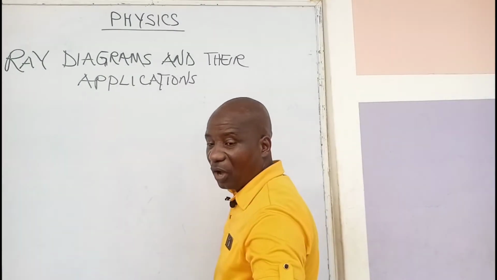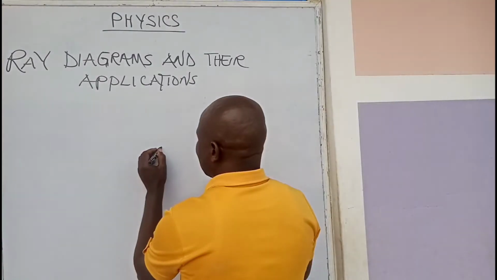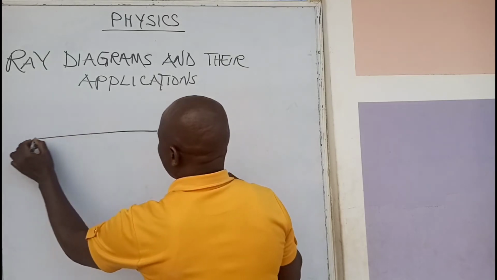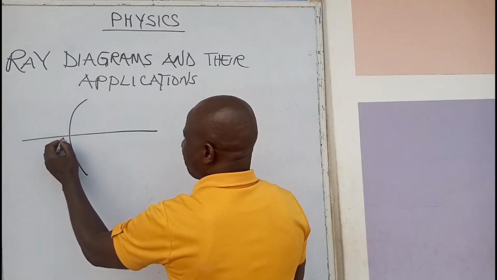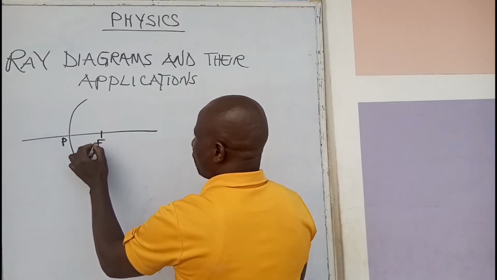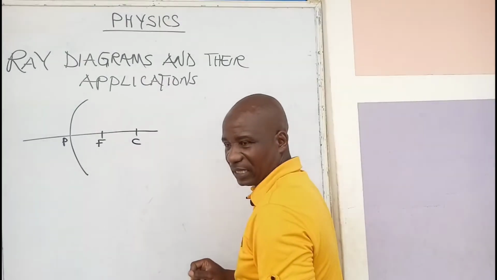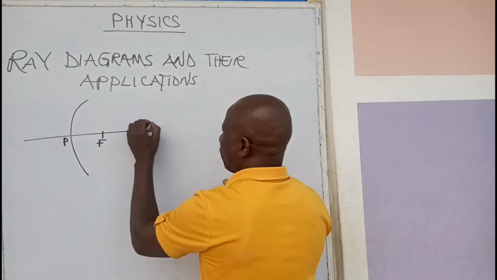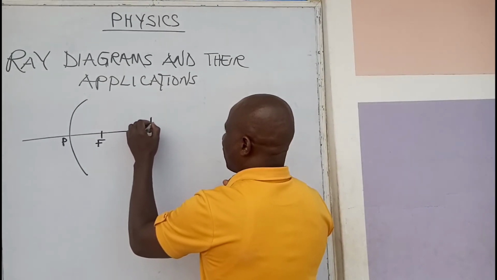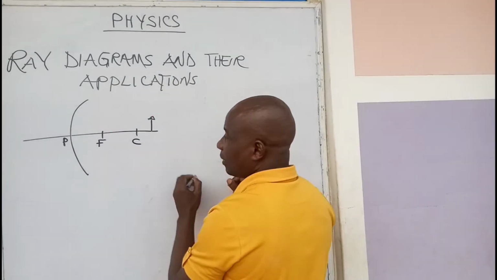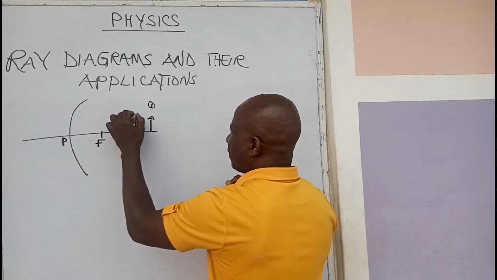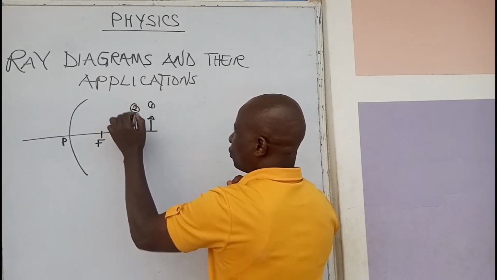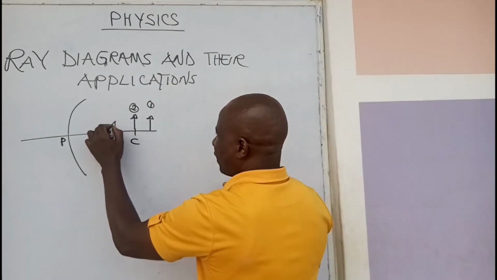Now, for easy understanding, let me just sketch. You see, I said I don't want students cramming. I have P, we have F, we have C. I can place one here. This is one. I can place one here. This is two. I can place one here.